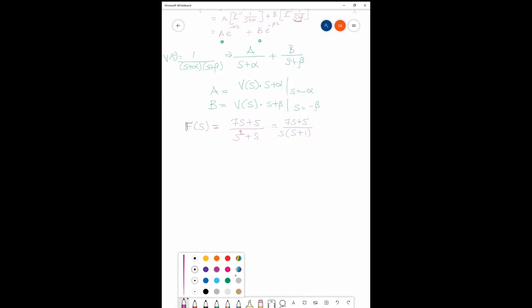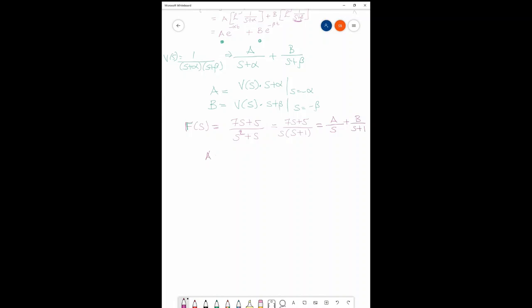Alright, so we want that to be the sum of A over s plus B over s plus 1. Because if we manage to do that, then finding the inverse Laplace transform of A over s and B over s plus 1 would not be that difficult.